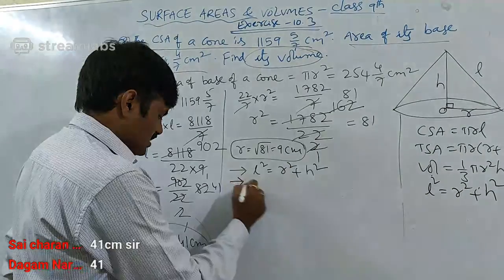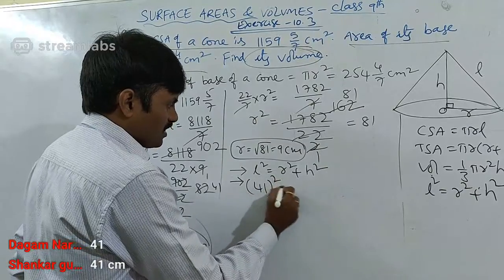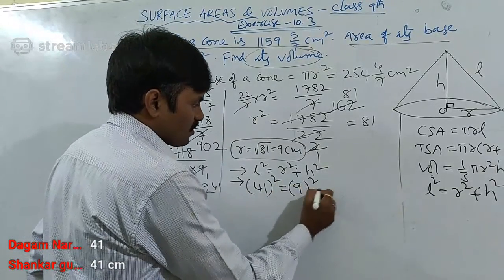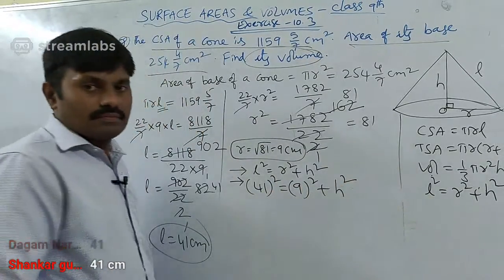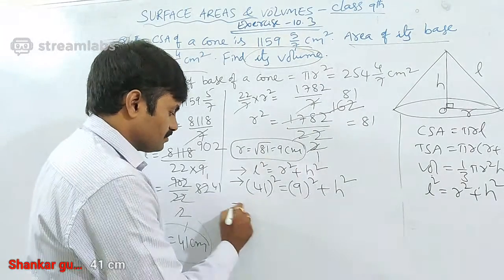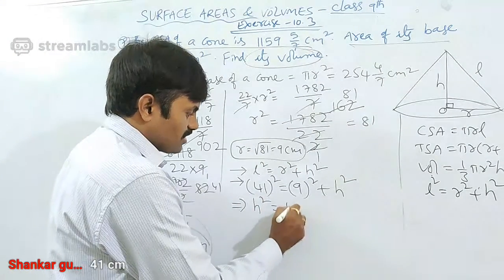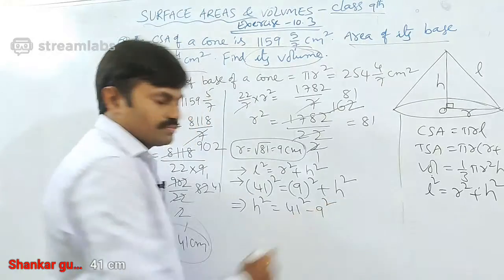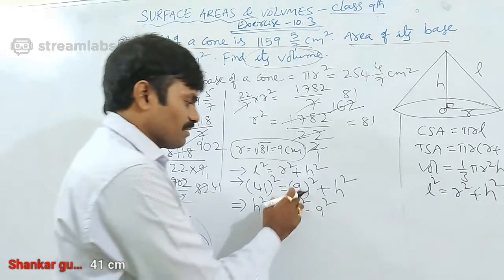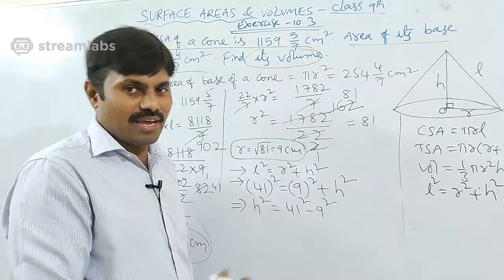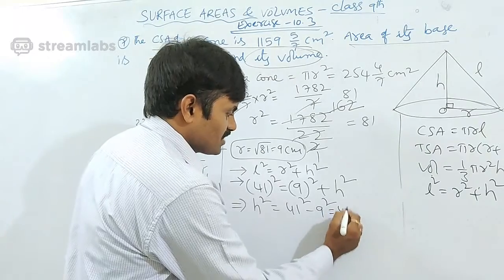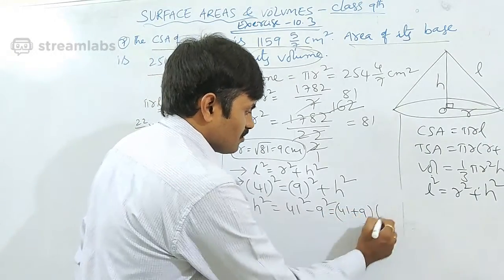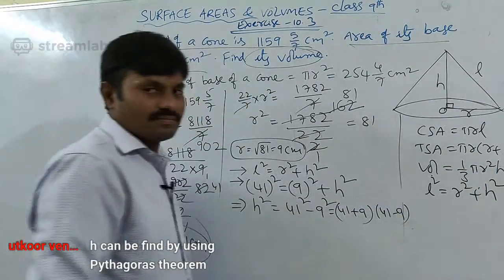The value of l is 41, whole square is equal to r value 9, whole square plus h square. From here h square is equal to 41 square minus 9 square. It is like a square minus b square, so a plus b into a minus b. So I can write it as 41 plus 9 into 41 minus 9.